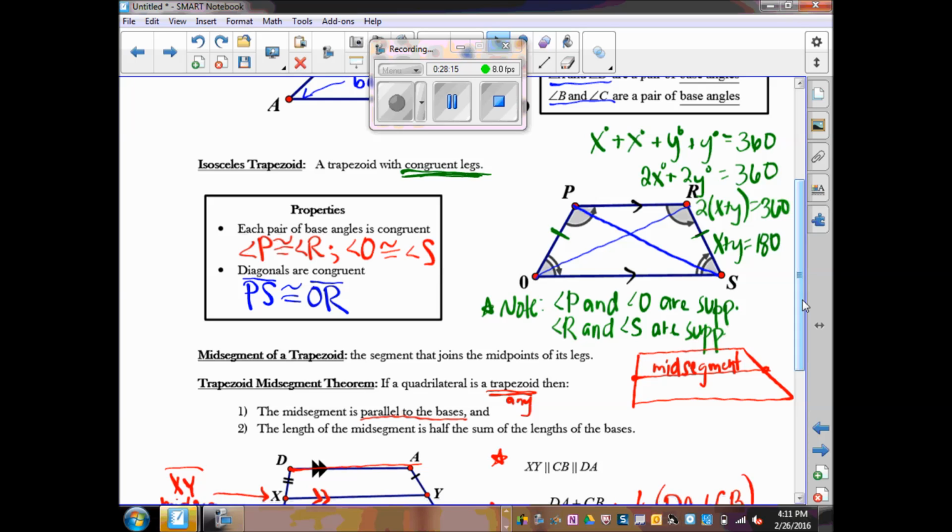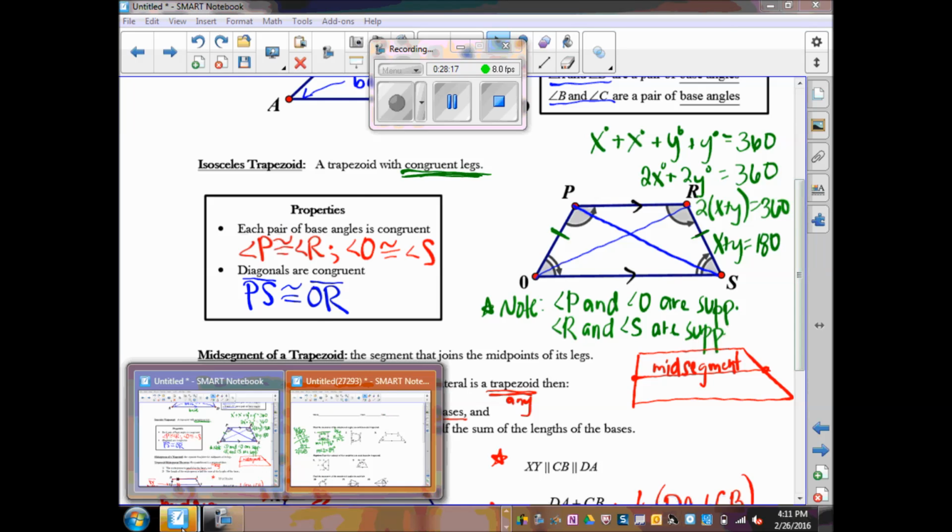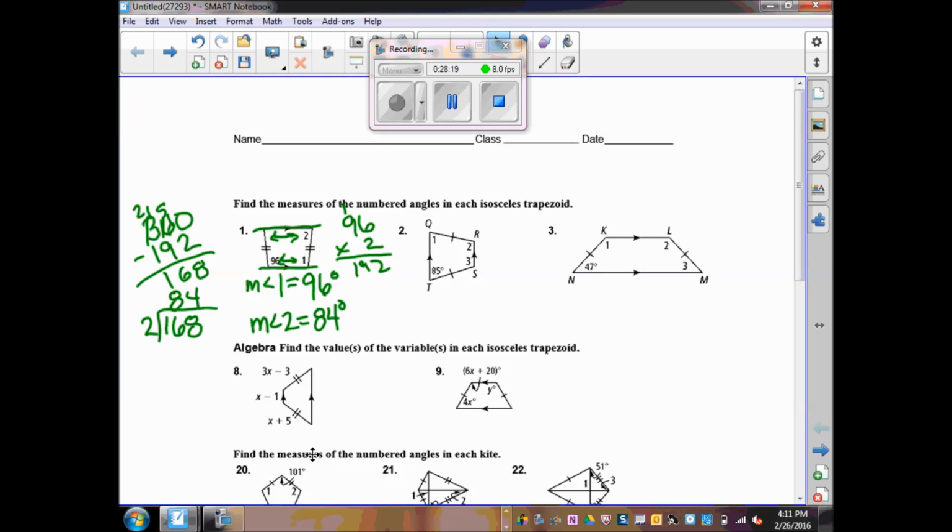Instead of going through the whole work of finding how many degrees are left and dividing by 2, once I have that angle 1 is 96 degrees, angles 1 and 2 would be supplementary. So what is supplementary to 96? 84, because 96 and 84 is 180 degrees. That saves you the time of doing this work by hand. So use that to help you out with solving the isosceles trapezoid ones.